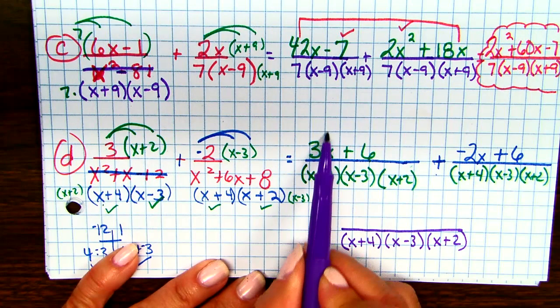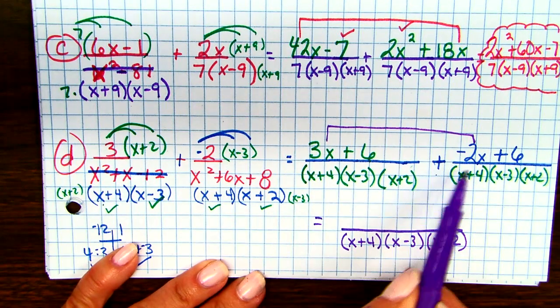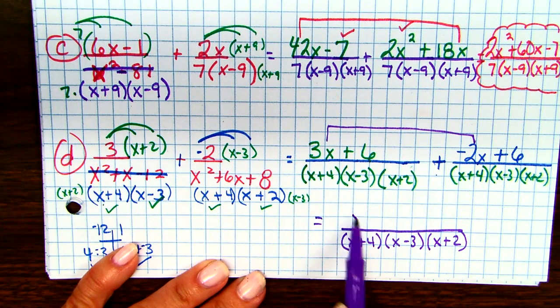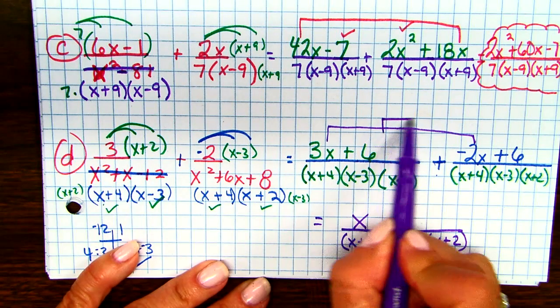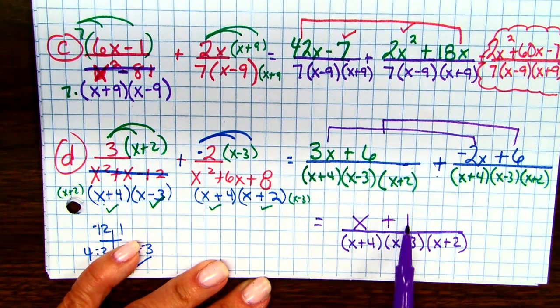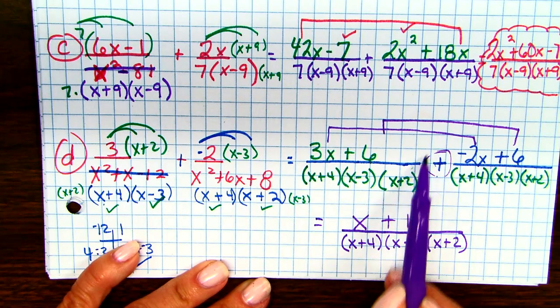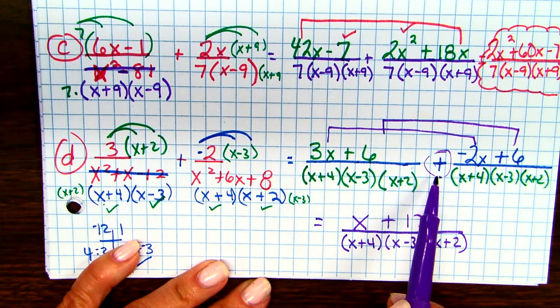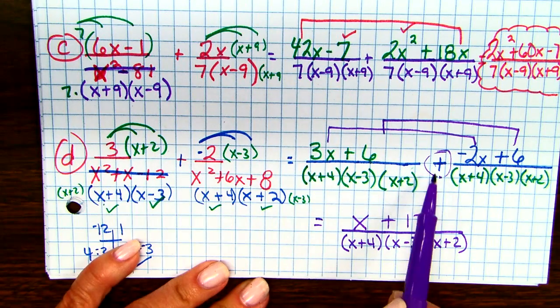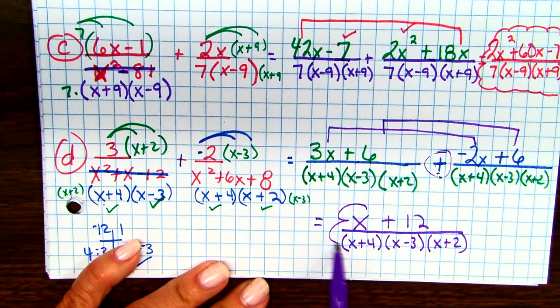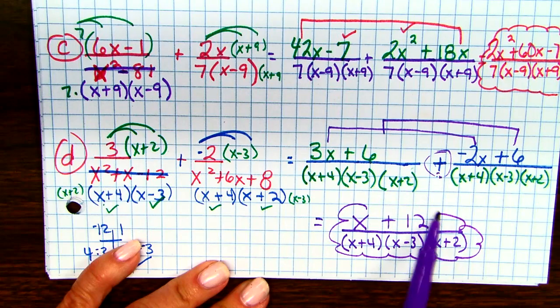Let's start with the x's. 3x plus negative 2x would just be x, right? 1x, 3 minus 2. And 6 plus 6 is 12. Guys, notice I changed that to a plus because of distributing that negative. So don't forget that. That will mess up your numerator if you don't do that.